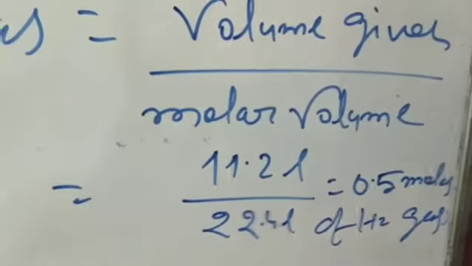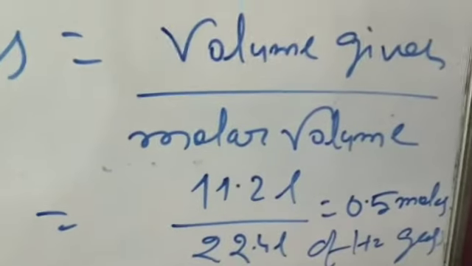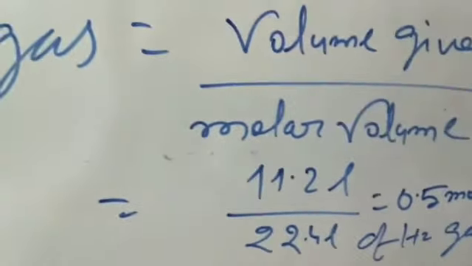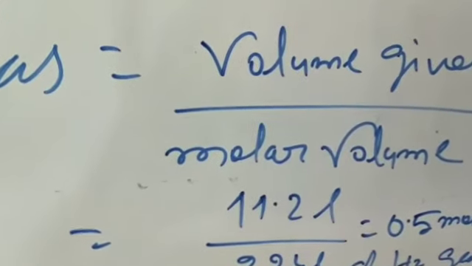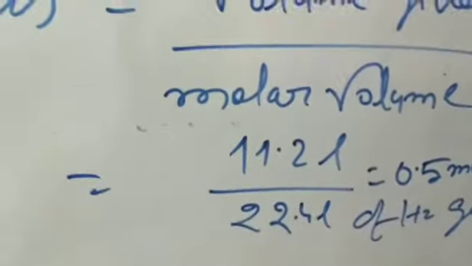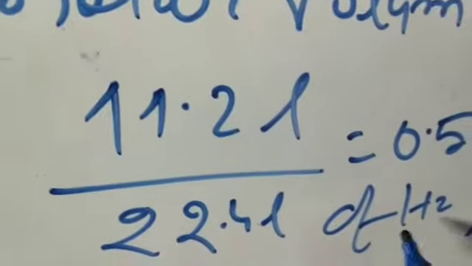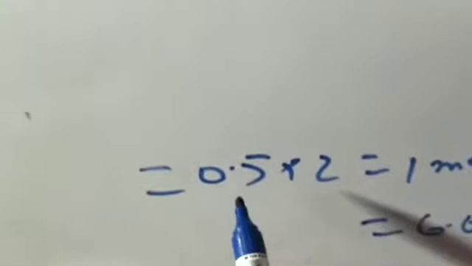In one H2 molecule, 2 atoms of hydrogen are present. So 0.5 when multiplied by 2, then we get the moles of hydrogen atom. Here is 0.5 moles of hydrogen molecule, but we multiply 0.5 into 2.